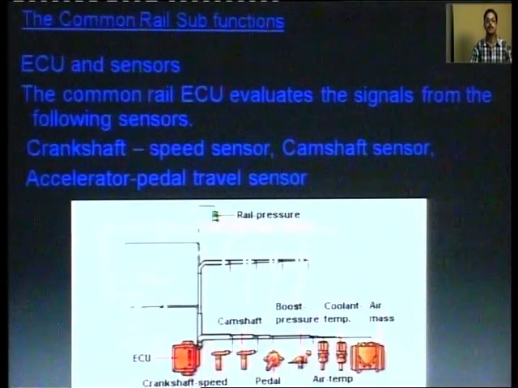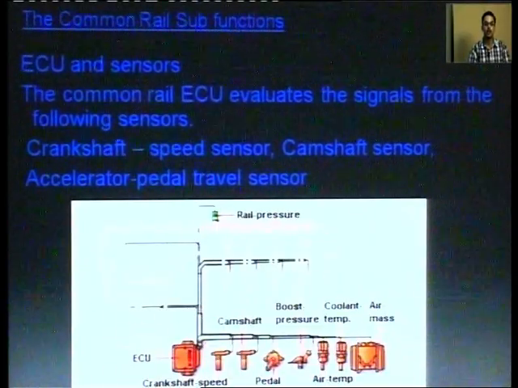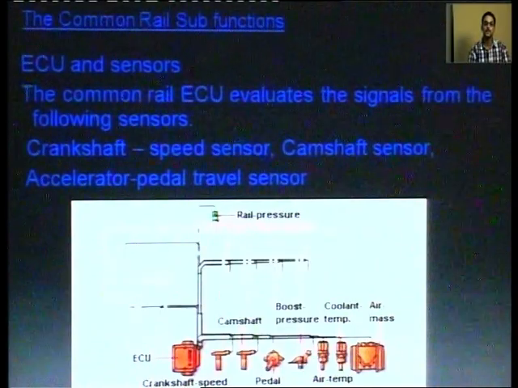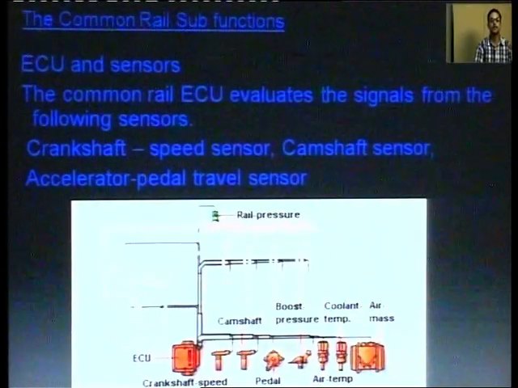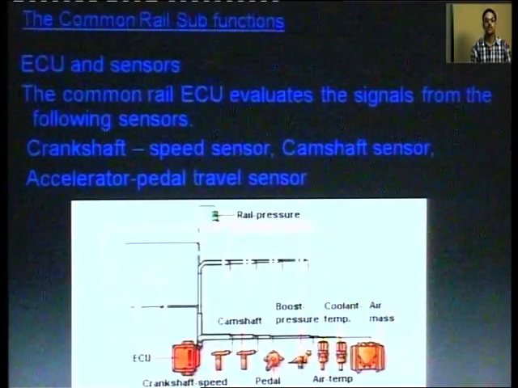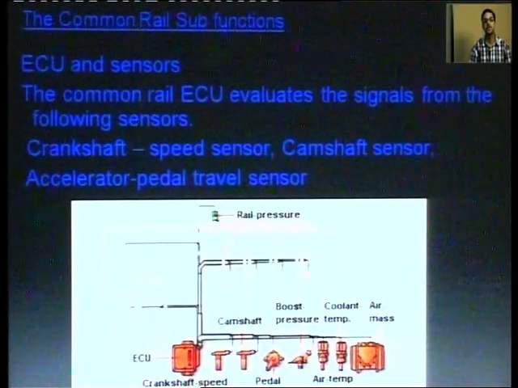The electronic control unit receives various kinds of signals: the engine speed, the given throttle, the actual boost pressure generated inside the engine, and the air mass coming from the outside, because these are the various parameters which control the output, the working, as well as the emission norms also.